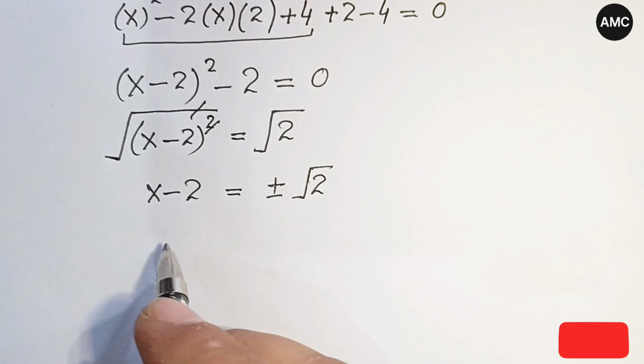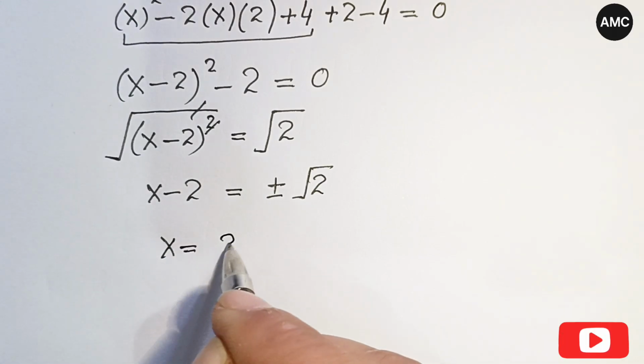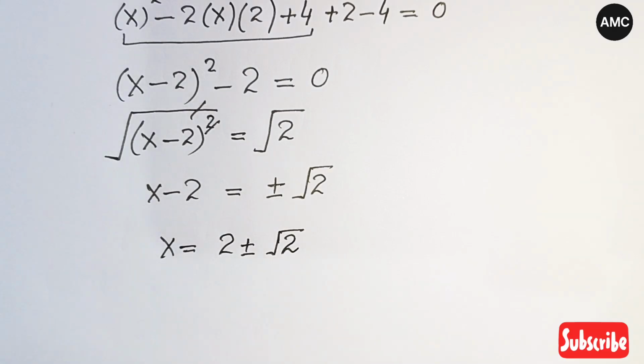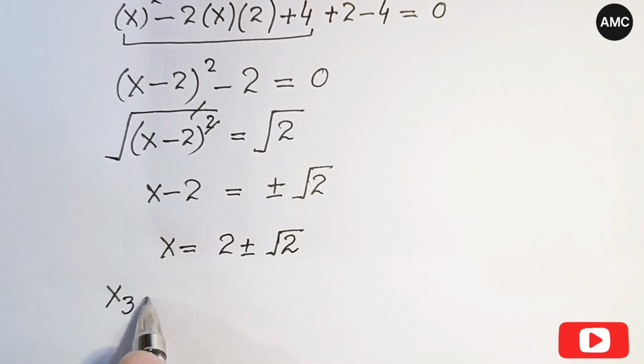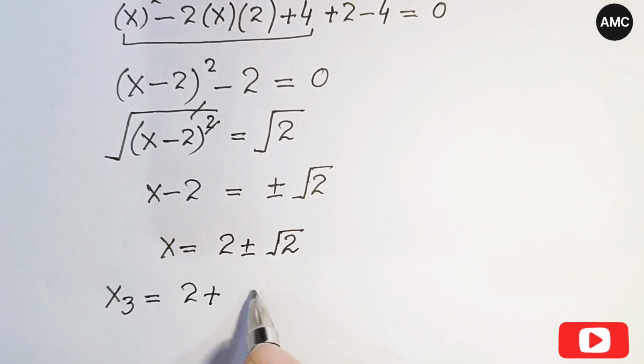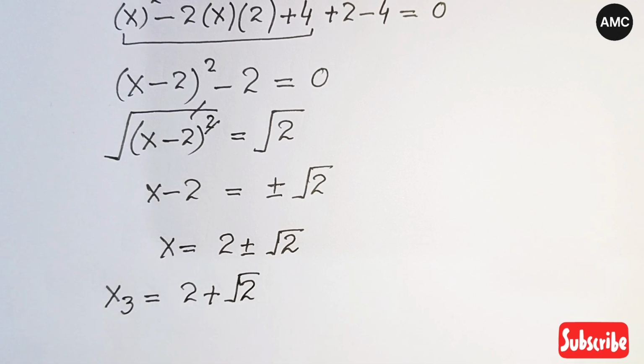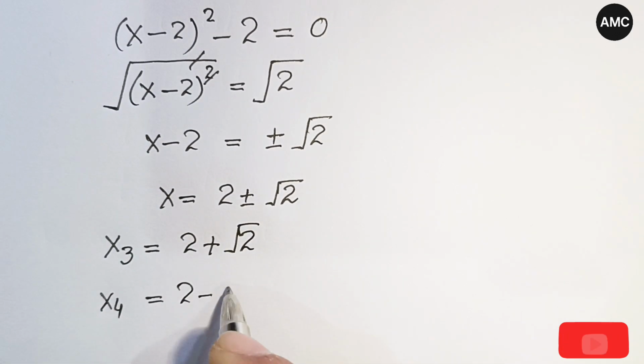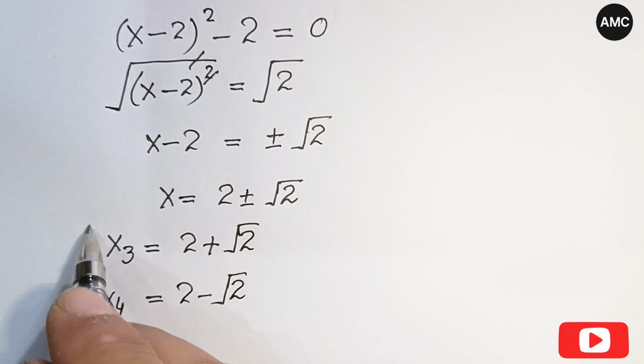Now if we shift this minus 2, we have x is equal to 2 plus minus square root of 2. Now here we have another two values of x, which is x3 is equal to 2 plus square root of 2, and x4 is equal to 2 minus square root of 2.